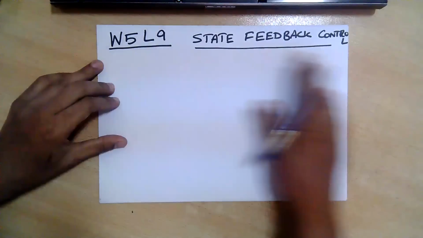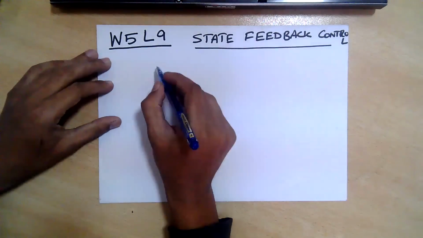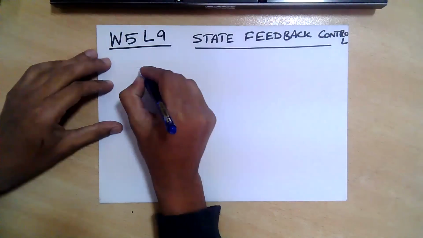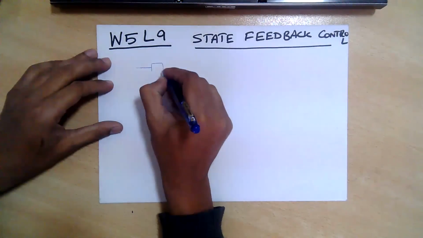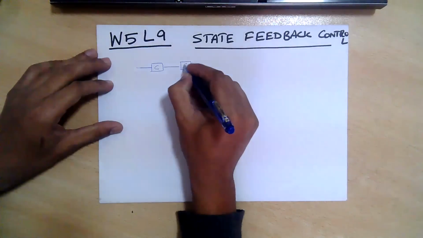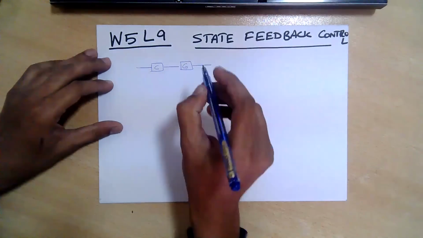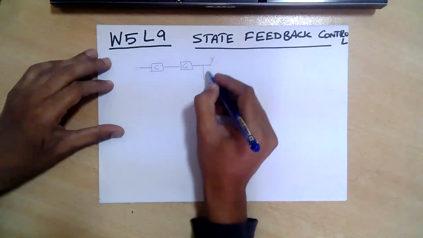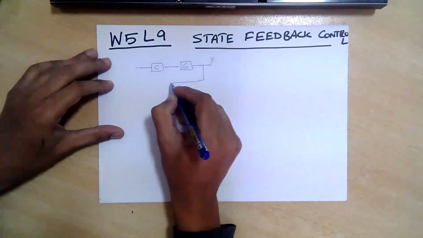So, what is conventional control and what is state feedback control? Conventional control is of this form: we have some sort of a controller over here and the system is over here. We take the parameter which is to be controlled and feed it back.